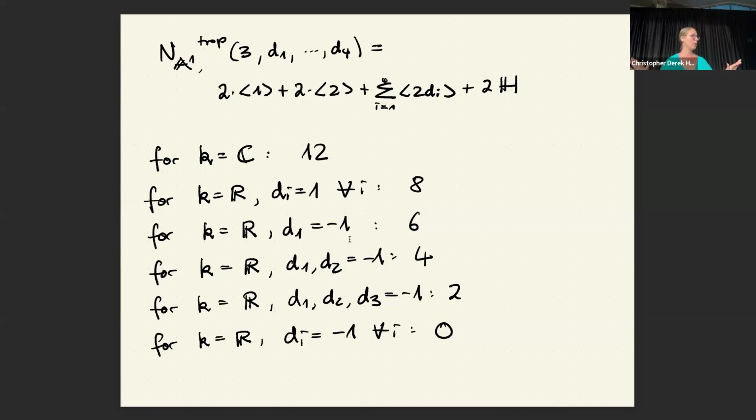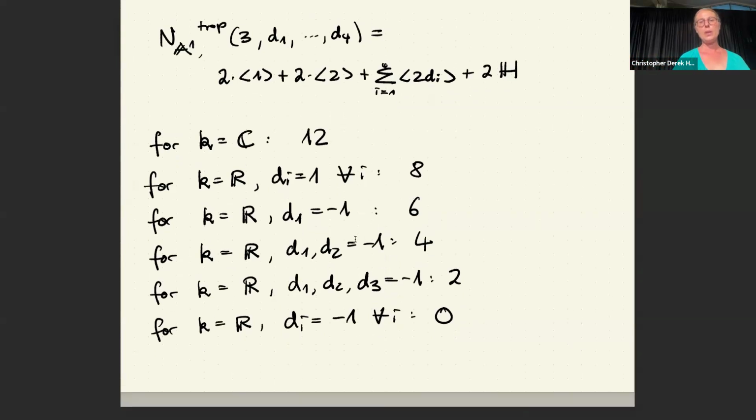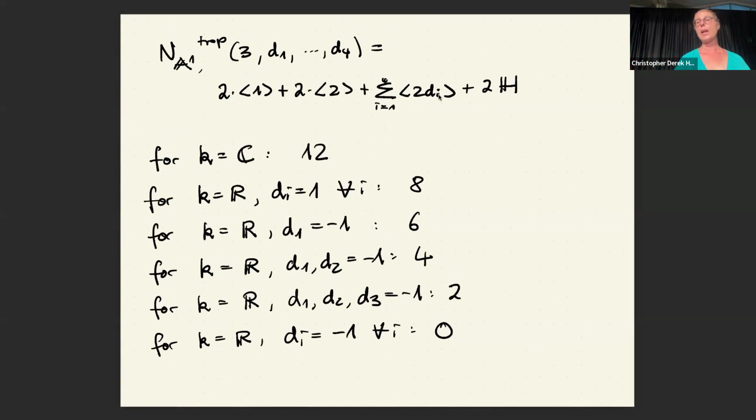And other than that, I have only real points. And when you set one of those di's equal to -1, then one of those 2's together with that -2 will be the hyperbolic form again, which specializes to 0. And the other ones are just 2's which are 1's. So I add the rest up and I get to 6.